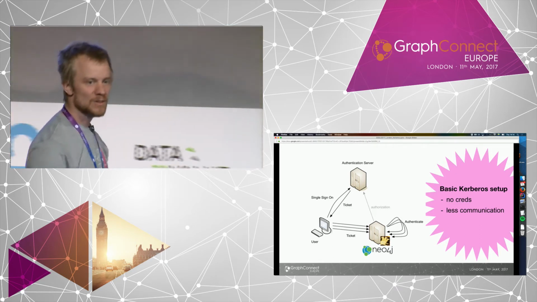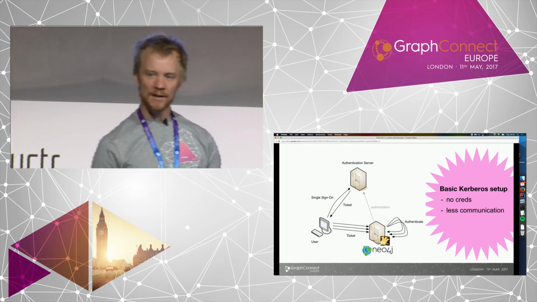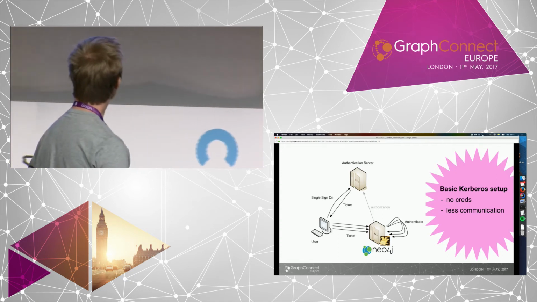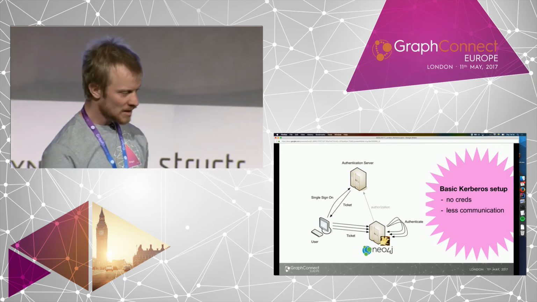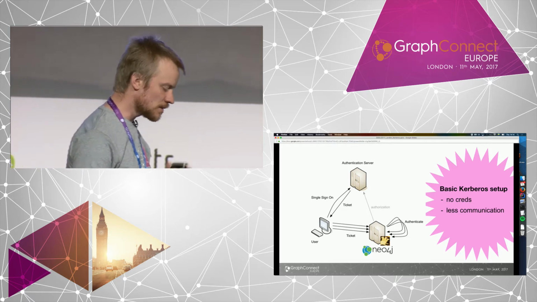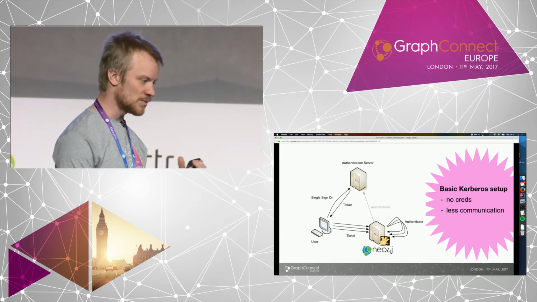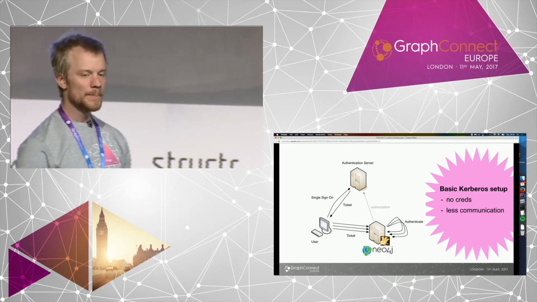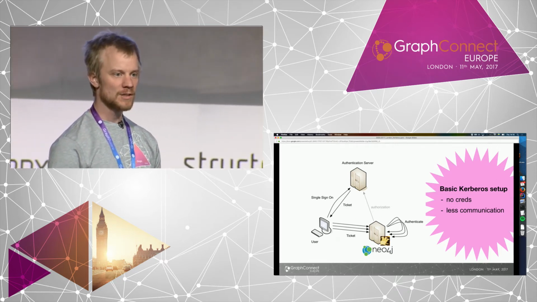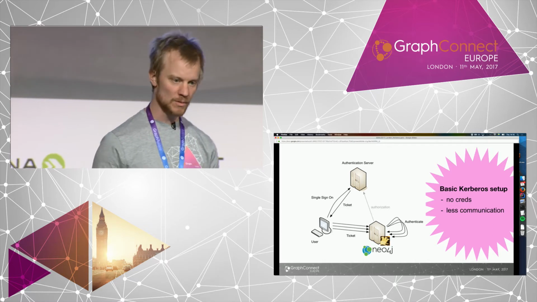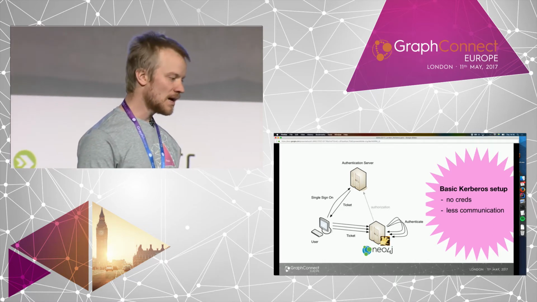So I haven't yet talked about the secret gray arrow in this slide, which says authorization. The reason this arrow exists is that the Kerberos protocol, as originally defined, does not support authorization, so it only supports authentication.